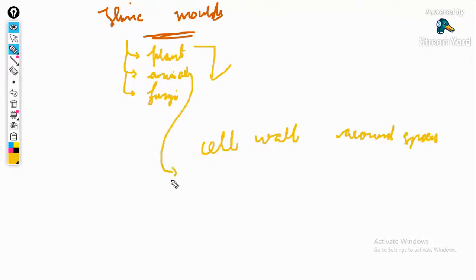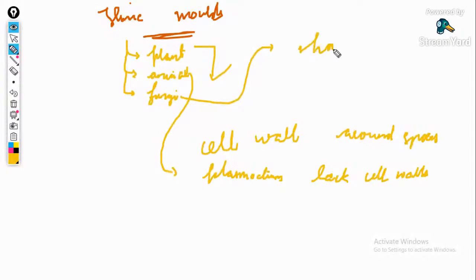Animal character, the plasmodium of the organism under slime mold lacks a cell wall. Fungal character is that they show fruiting bodies, which we will study in kingdom fungi.